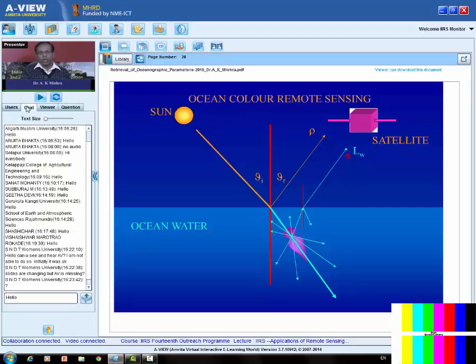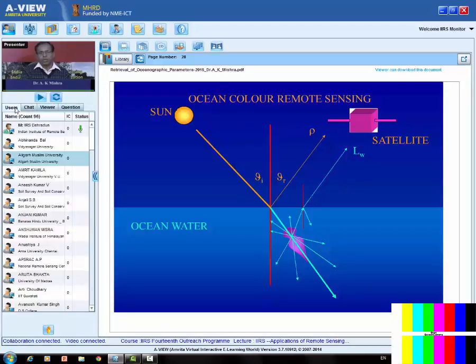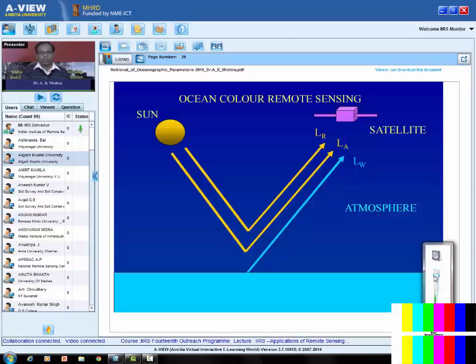So we have to retrieve the LW in order to determine the constituents present in the water. Apart from LW, the satellite sensor also receives radiance from the atmosphere, which is known as molecular scattering, LR, and the dust particles also present in the atmosphere, which is known as LA, aerosol scattering.